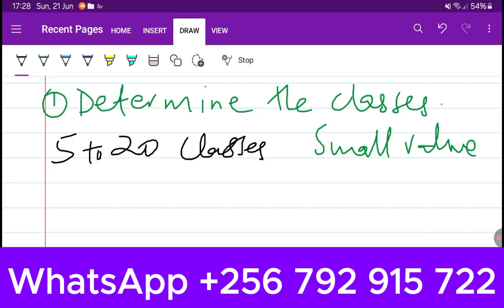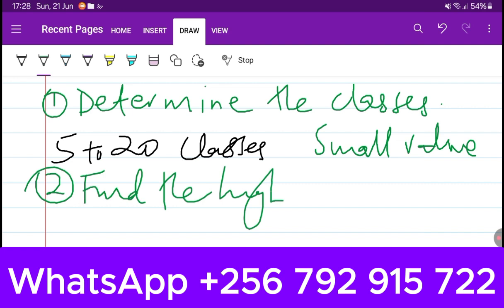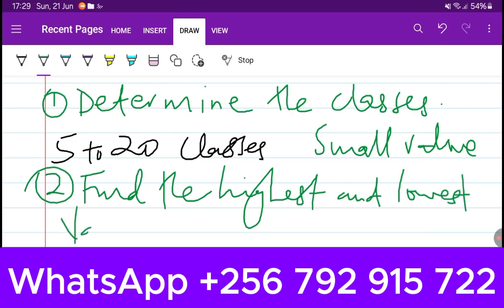Then the second step is to find the highest and lowest value.